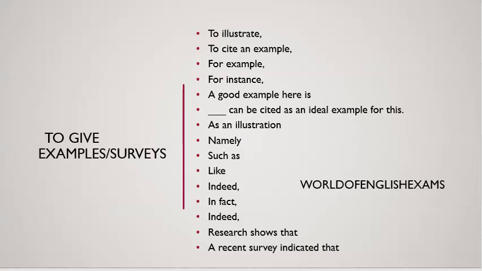So for that, you can use such linking words to illustrate, to cite an example. For example, for instance, a good example here is dash, can be cited as an ideal example for this, as an illustration, namely, such as, like, indeed.